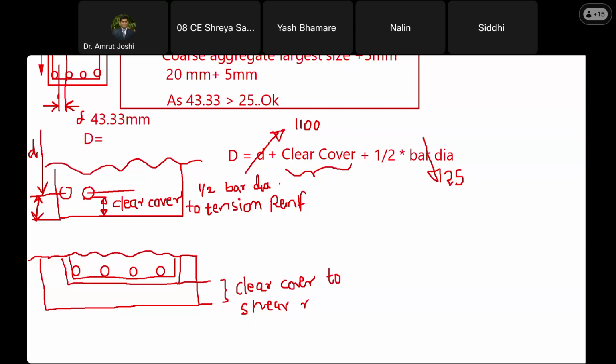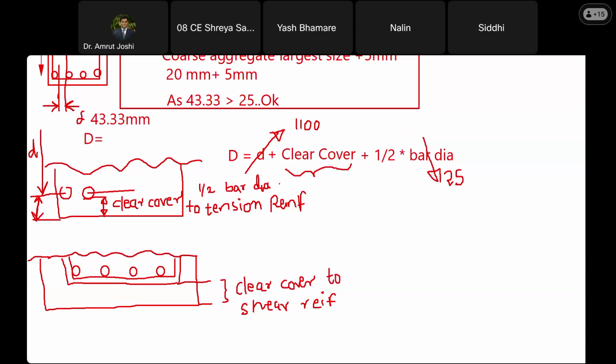Yes, sir. So let us try to write the relationship between clear cover to shear reinforcement and clear cover to tension reinforcement. Happy? Yes, sir. So what is the relationship? One minute.